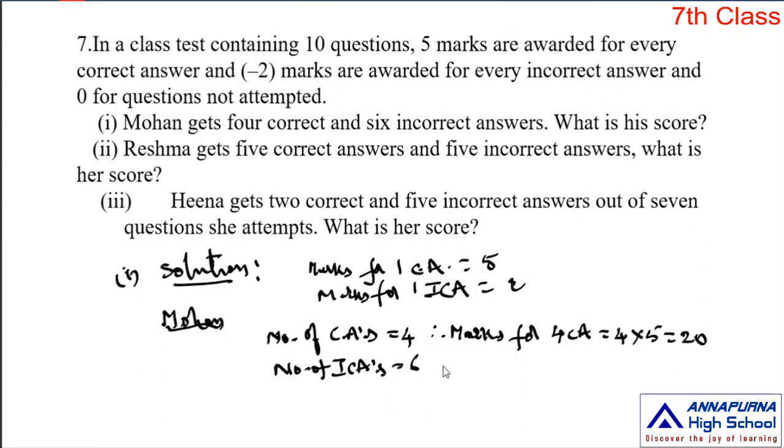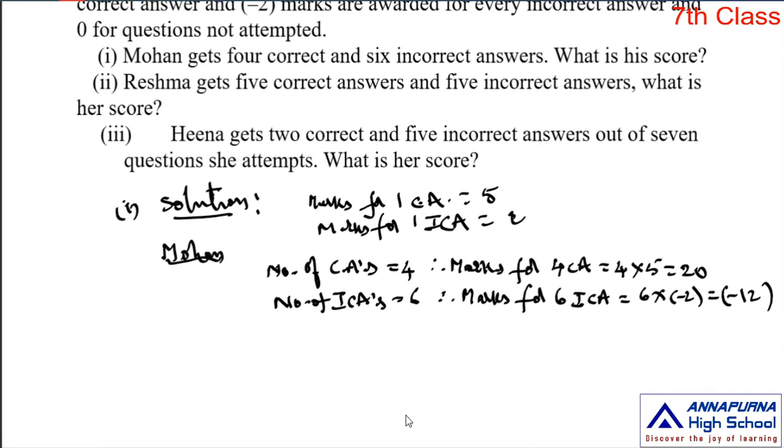Therefore marks for 6 incorrect answers is equal to 6 into minus 2, which is equal to minus 12.